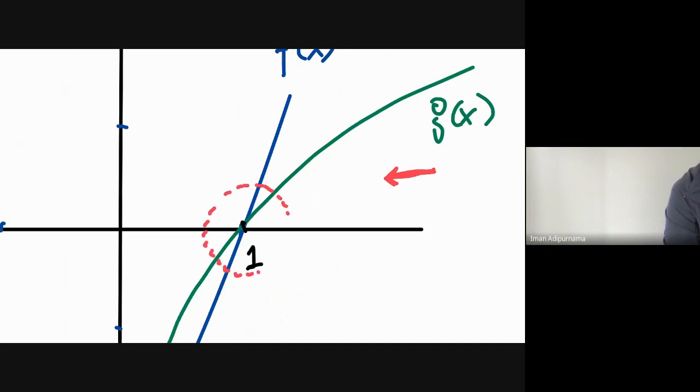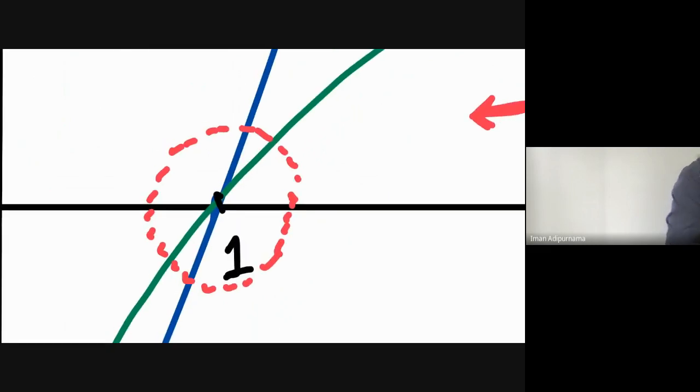So observe this. Imagine you are zooming in, zooming in, zooming in on this red circle. If you see the line, you imagine the slope.